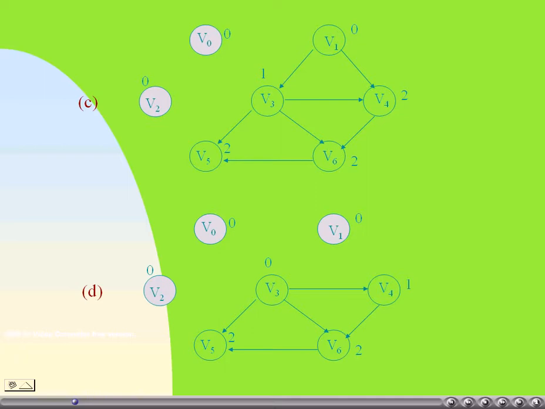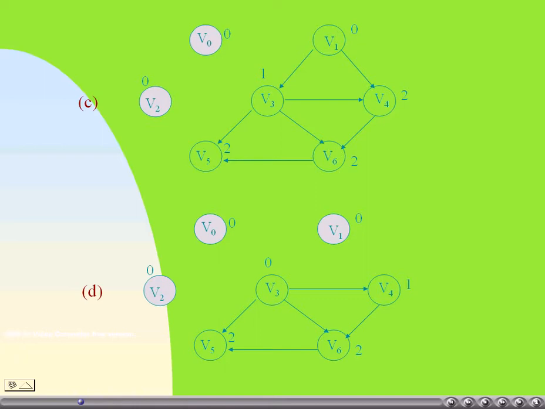Thus, the modified graph will be shown in the figure. At the same time, its adjacent vertices' indegrees are adjusted. Now, the node V1 is selected as its indegree value is 0.